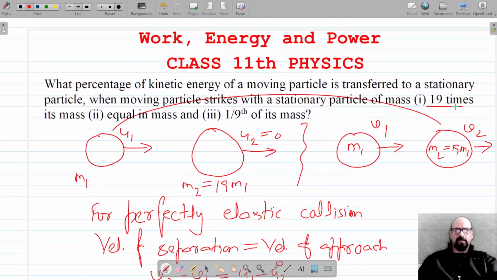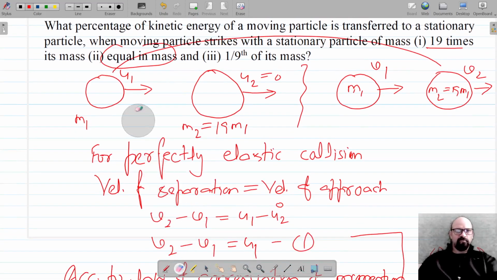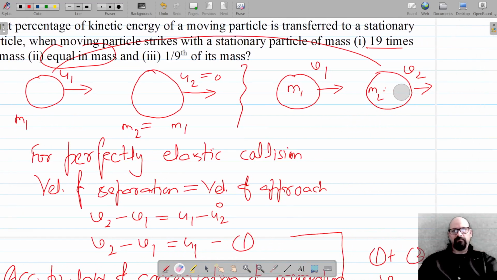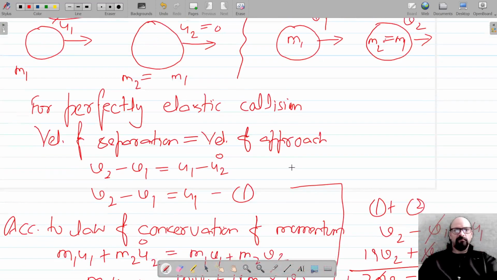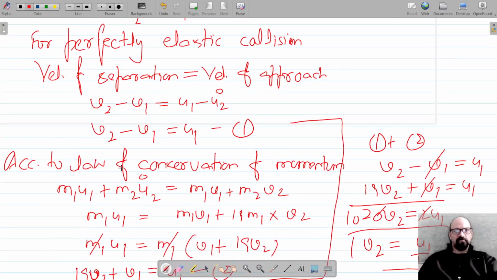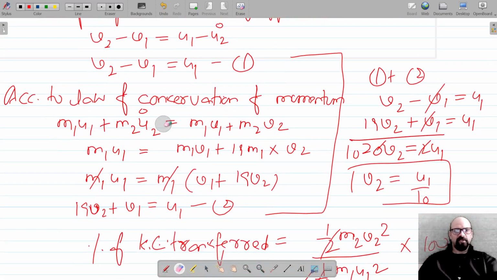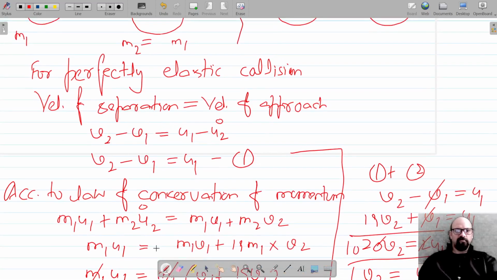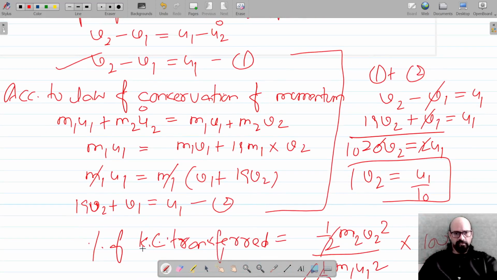Okay, for the second part, we have to make some minor changes. Now the masses are equal, so m2 is equal to m1. Our velocity of separation equation remains the same, so the first equation remains the same for a perfectly elastic collision in all cases.